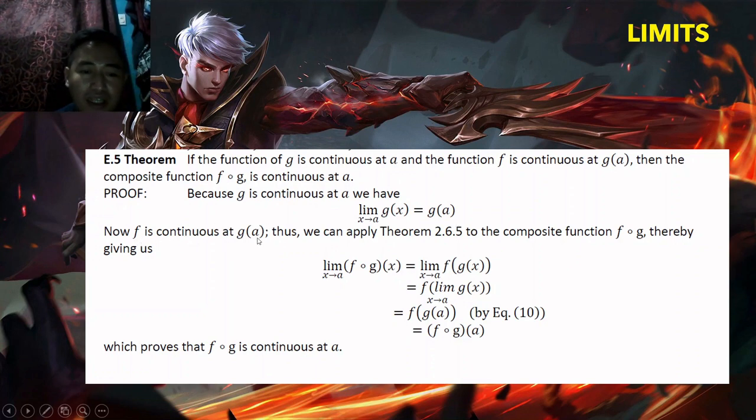Now f is continuous at g(a), thus we can apply the previous theorem to the composite function f composed with g. So the limit of f composed with g of x is equal to f of the limit of g(x) as x approaches a.